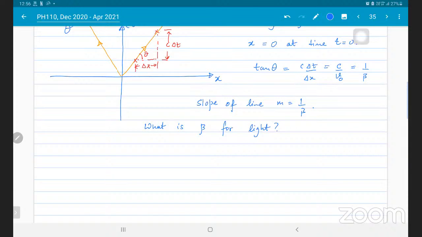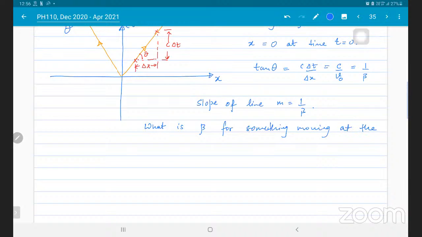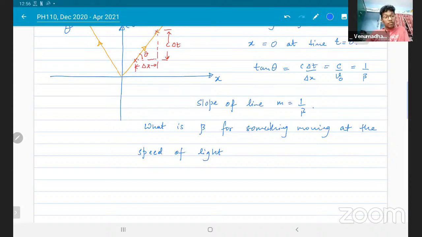For something moving at the speed of light? 1. And what angle would that correspond to? 45 degrees.